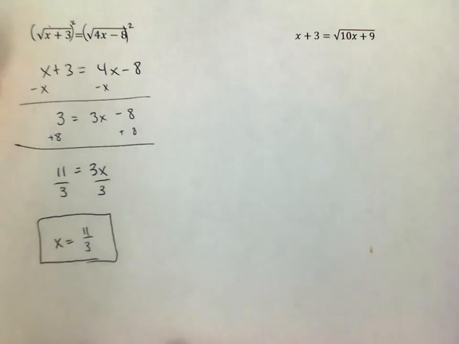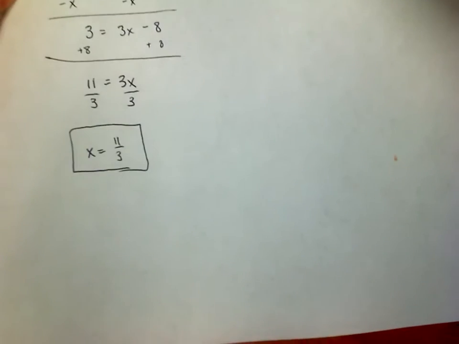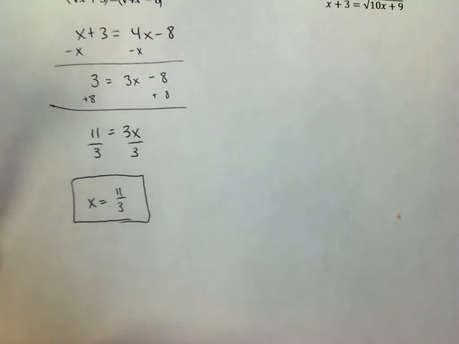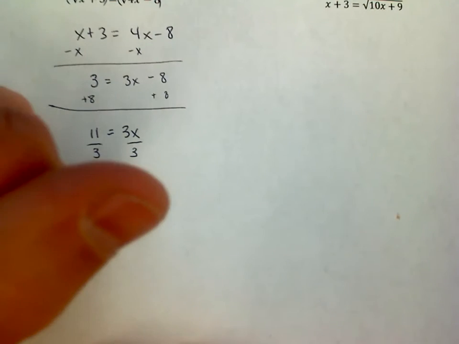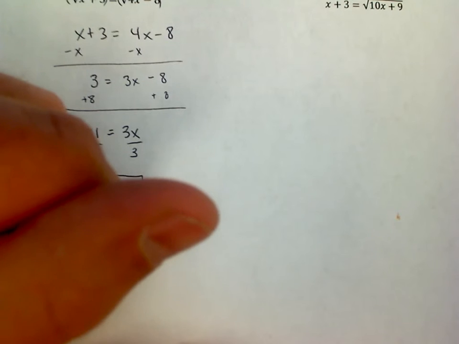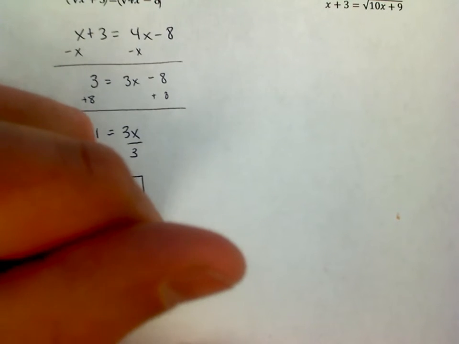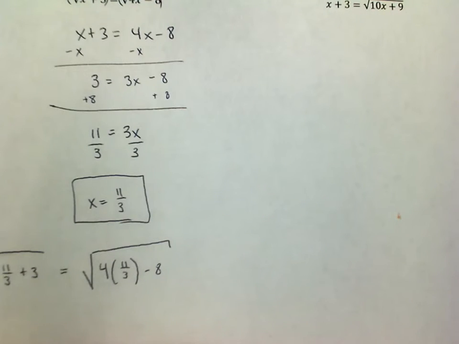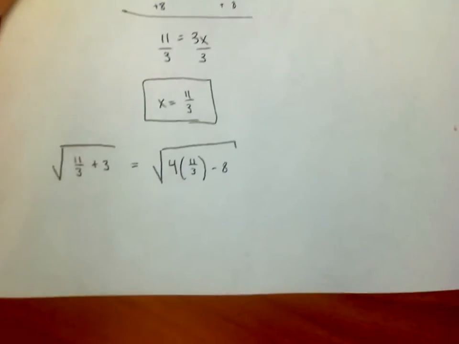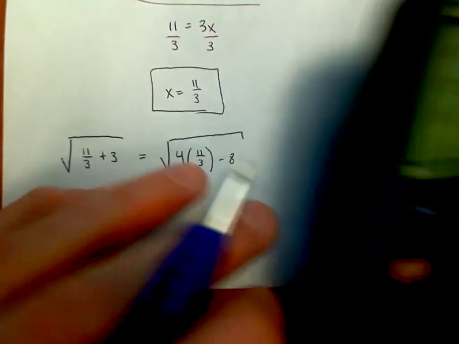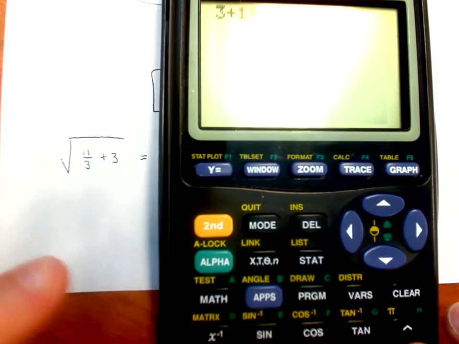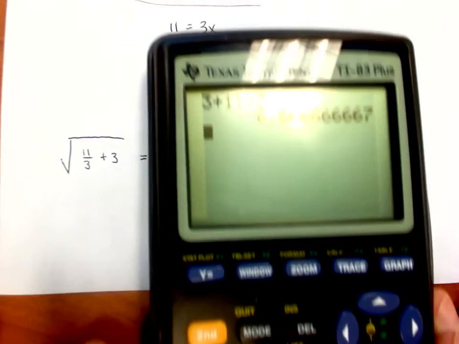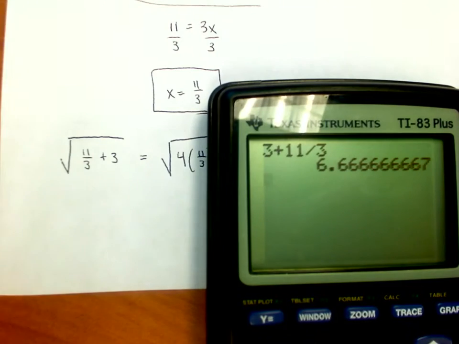So let's go through and check to make sure that that's okay. If I go to the original equation, if I take 11 thirds plus 3 and square root it, is that the same thing as square rooting 4 times 11 thirds minus 8? So if I take 3 plus 11 thirds, that's 6 and 2 thirds, right?